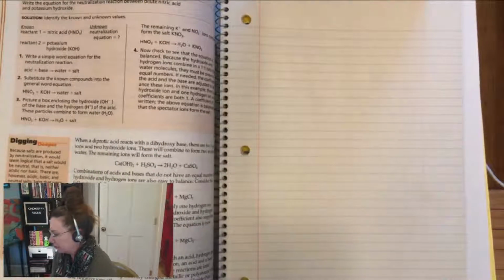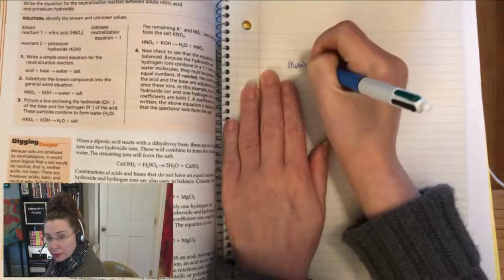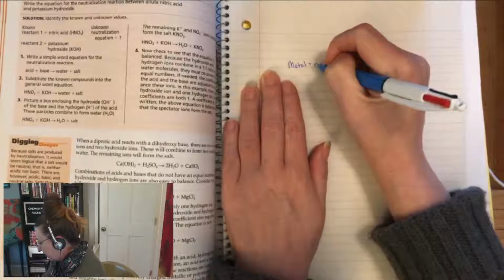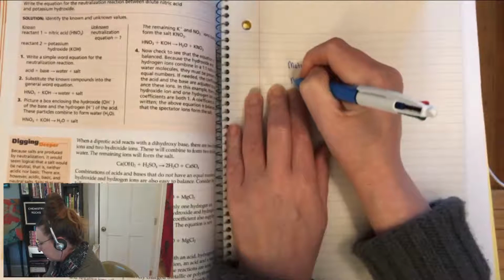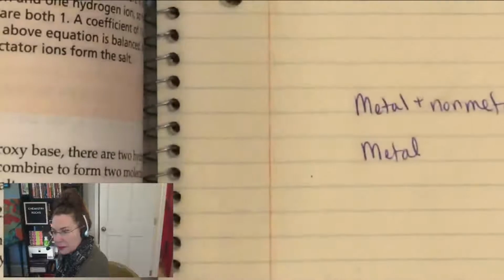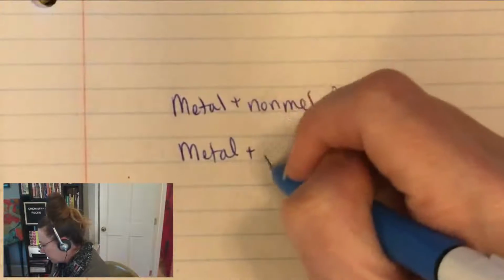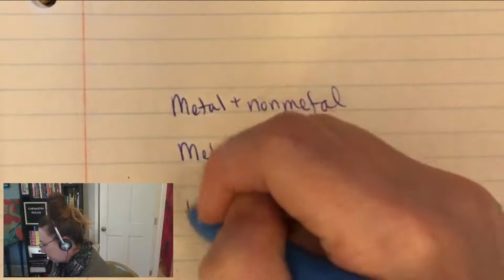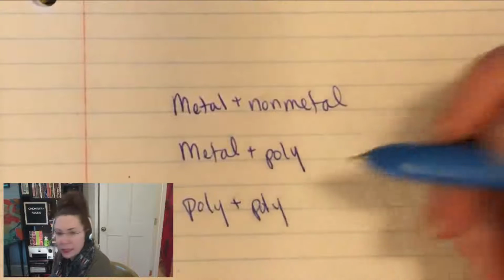You are going to look and see if you have a metal plus a nonmetal, or a metal plus a polyatomic.